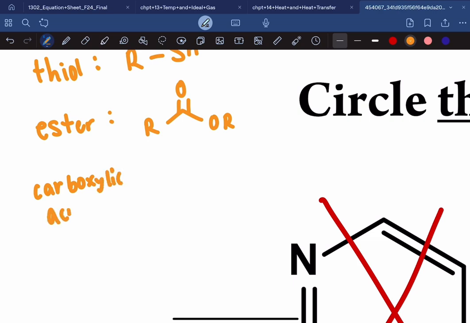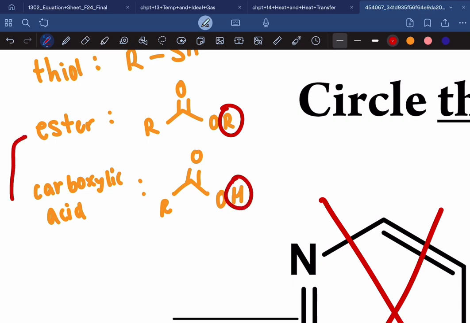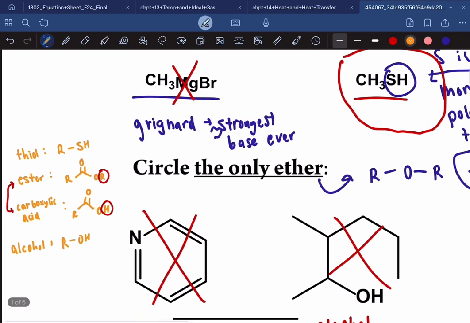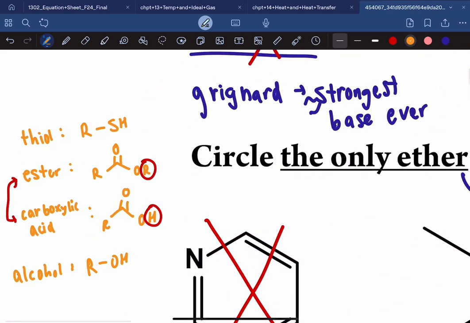Carboxylic acid. And this is just R, and this has got to be an H. So note the tiny difference here between these two. This is an R, this is an H. Small difference, okay. What else can you see? You might see alcohol, right? But alcohol is OH. That's just going to be ROH. And I think that's the extent of what you'll see for like the identifying problems.